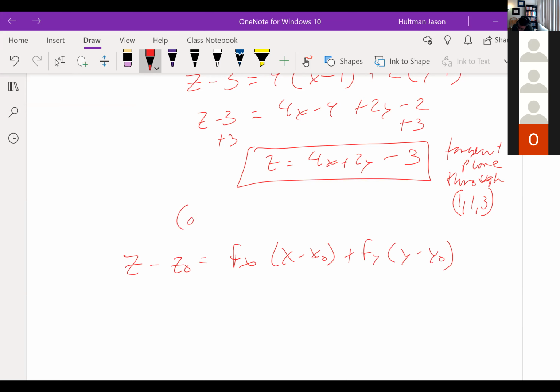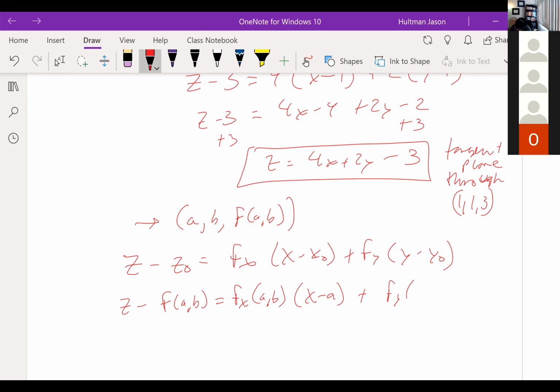So we would say that this is a, b, and f of a, b, right? The point at that point. So this is z minus f of a, b is equal to f sub x evaluated at a, b times x minus a plus f sub y evaluated at a, b times y minus b.